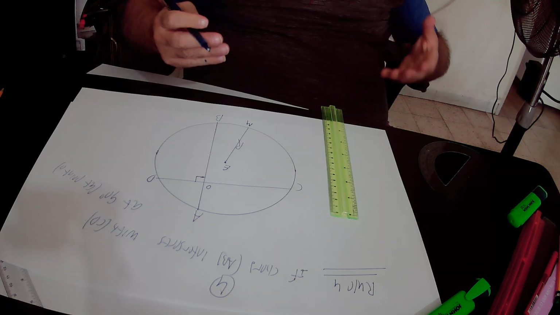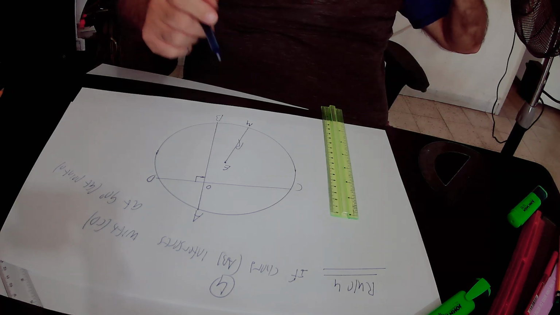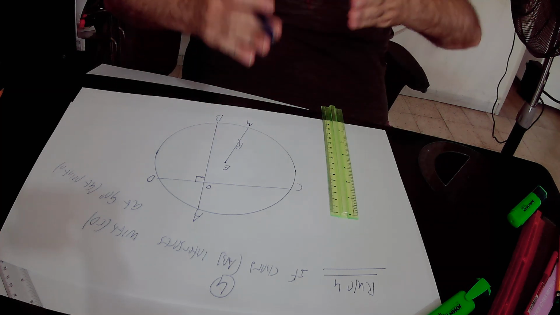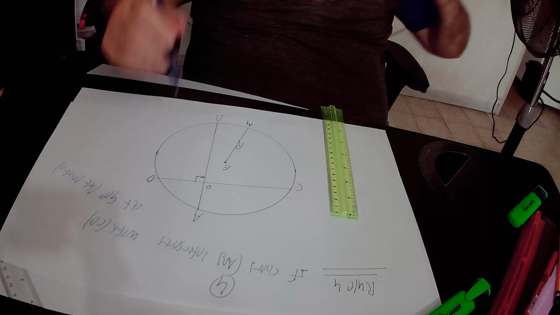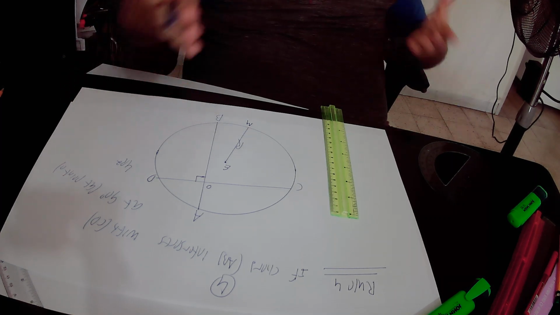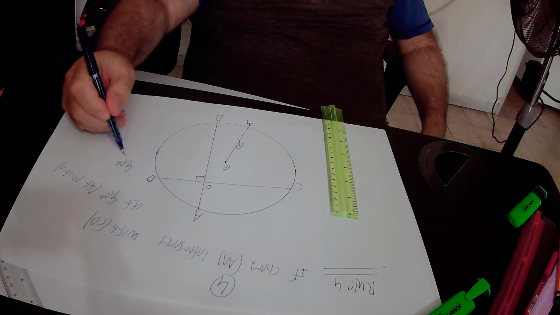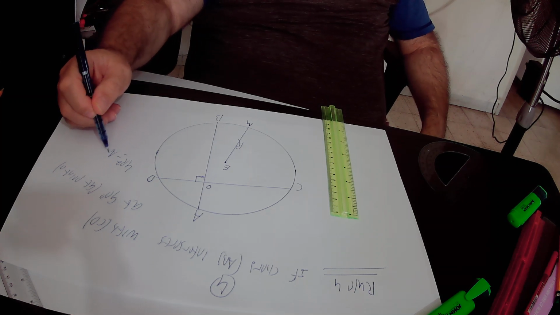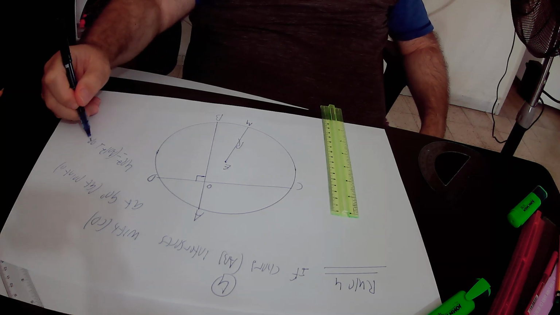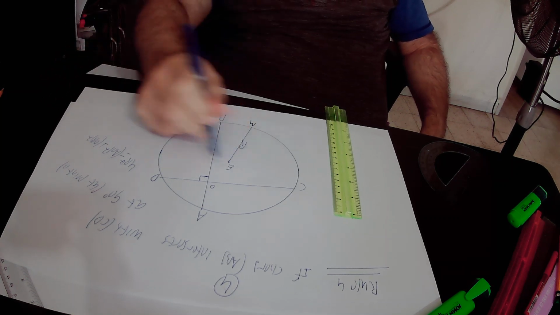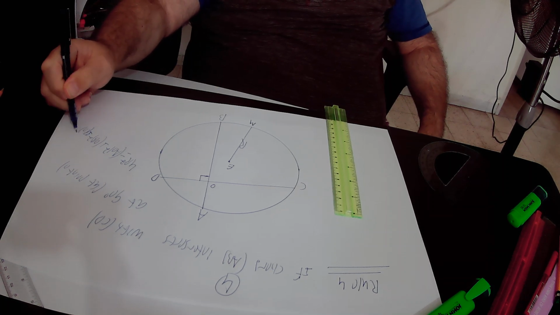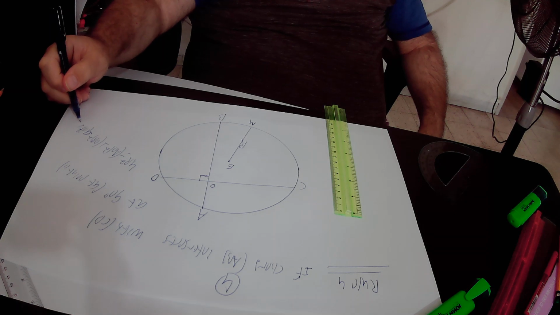So if we know that chord AB intersects with chord CD at 90 degrees, then the following equation will be true: 4 times capital R squared, where capital R is the radius of this circle, equals AO squared plus OB squared plus CO squared plus OD squared.